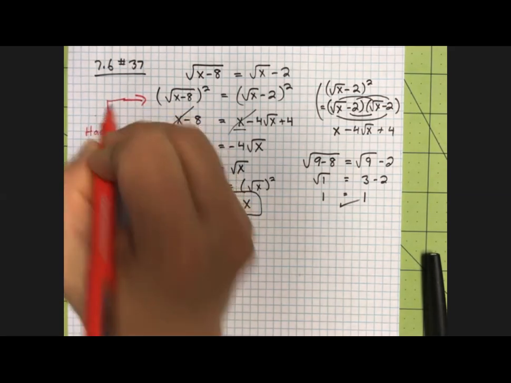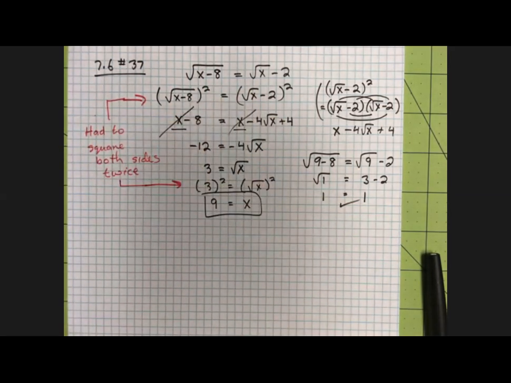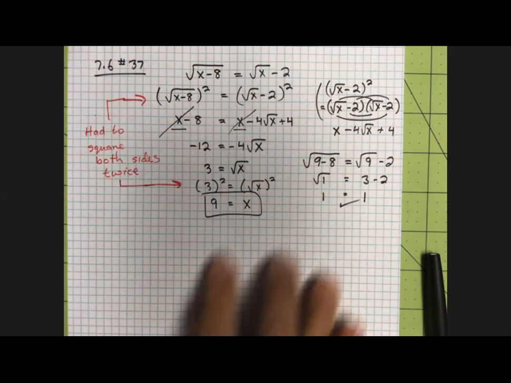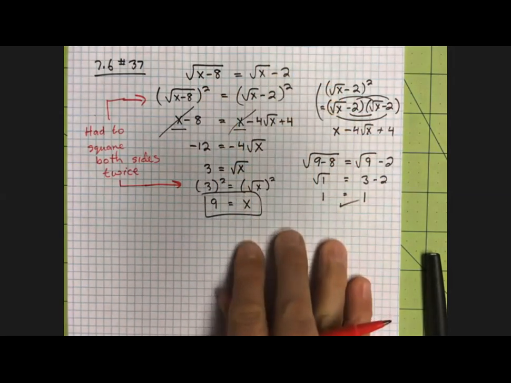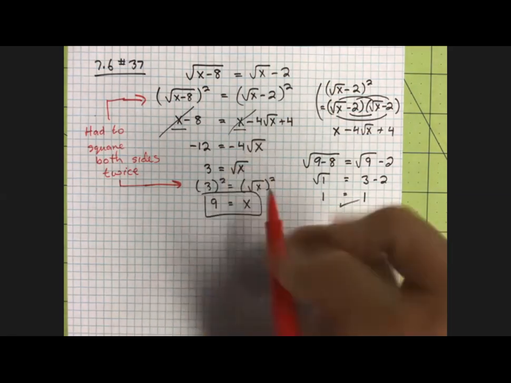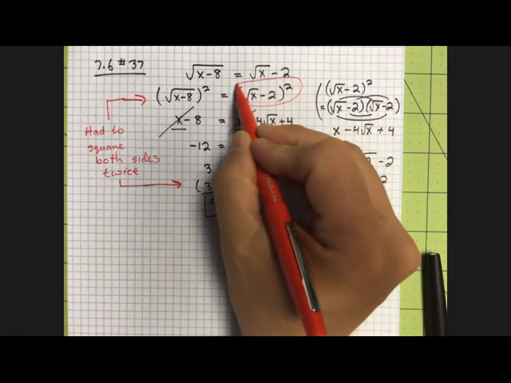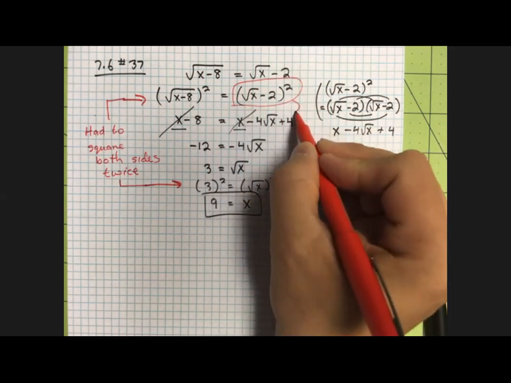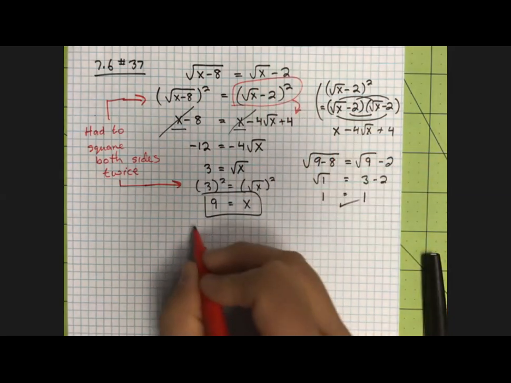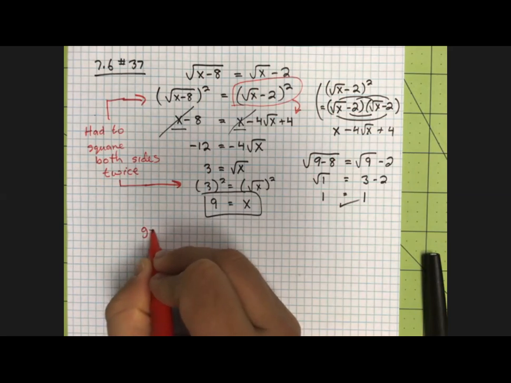This still wasn't too messy, and it's not even a super long problem. It's just that it's very common for people to mess up right there if they don't remember to FOIL. You usually get into trouble.